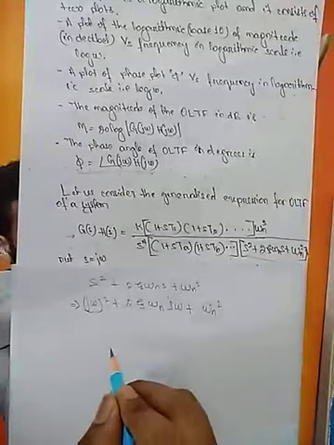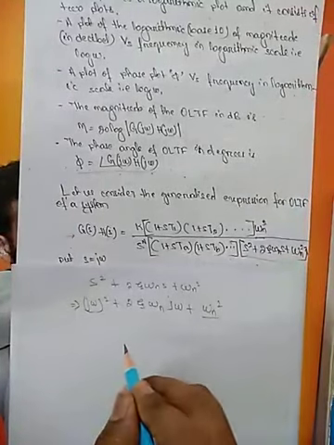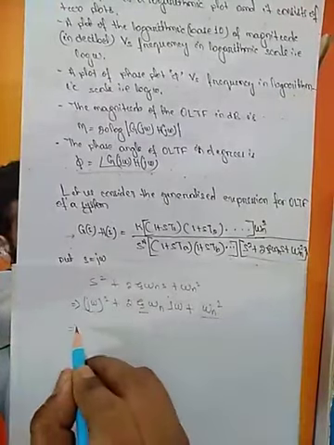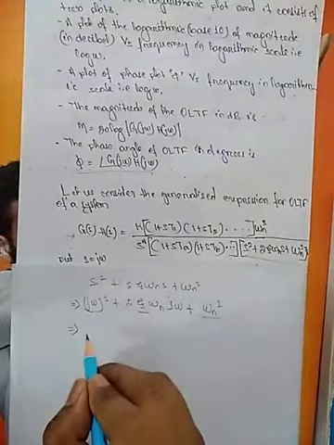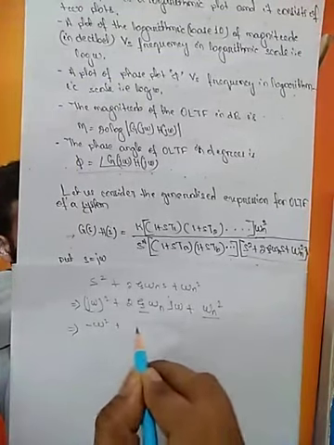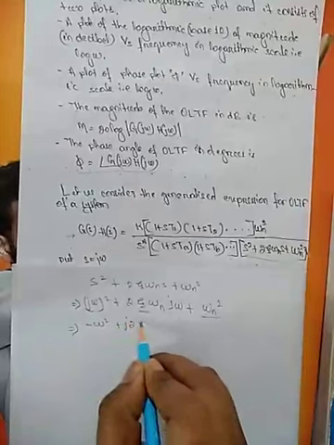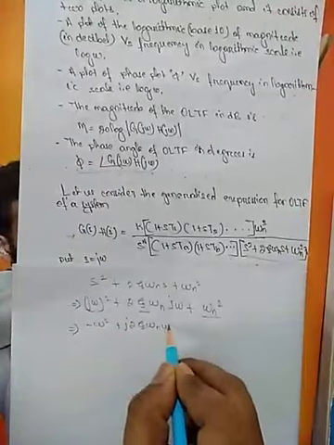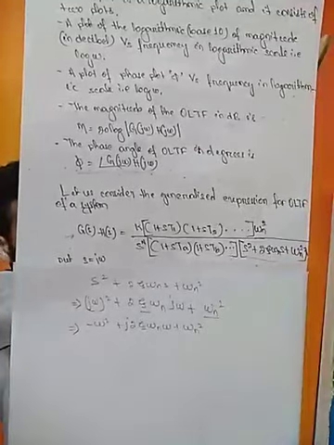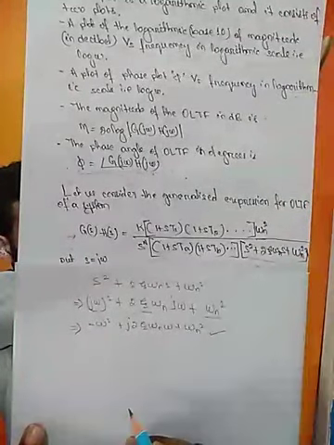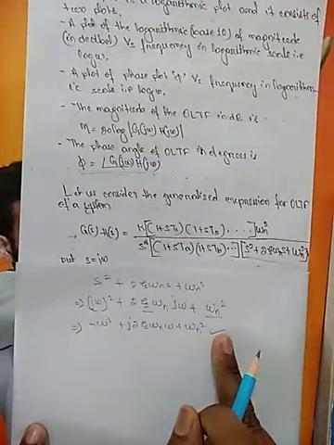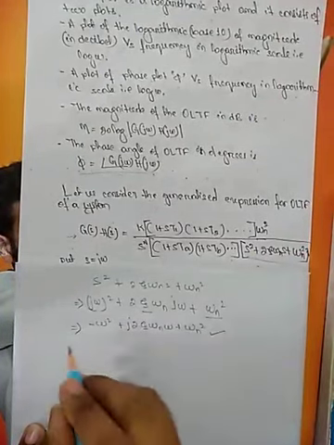Omega n is the natural frequency of oscillation. Zeta is the damping ratio. J square, its value is minus 1. So it is minus, we get this equation. Then throughout the equation we multiply and divide by omega n square.